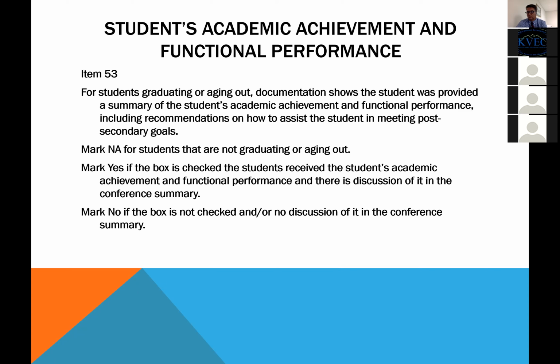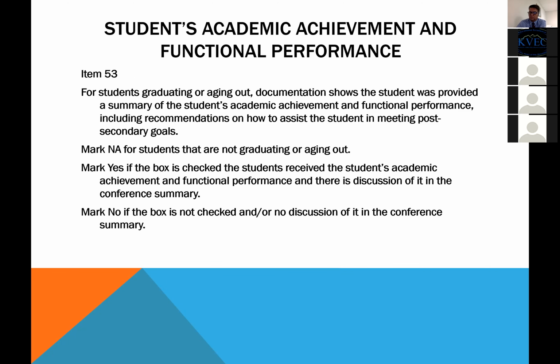So we're going to mark NA for students that are not graduating or aging out. We're going to mark yes if the student is checked. There's a checkbox there that the student received the student's academic achievement and functional performance, and there is discussion of it in the conference summary. We're going to mark no if the box is not checked and or no discussion of it in the conference summary.